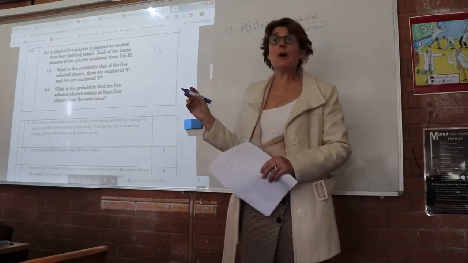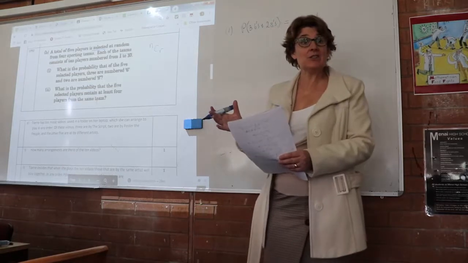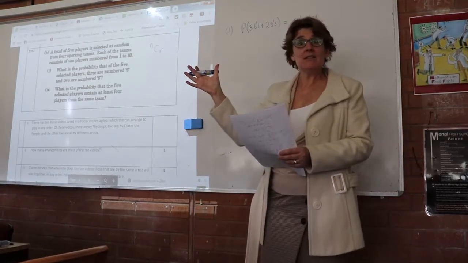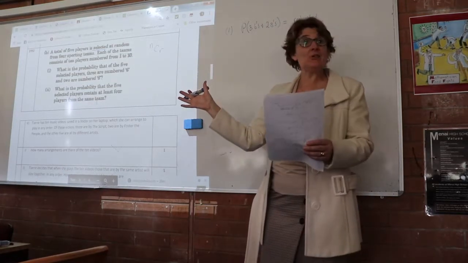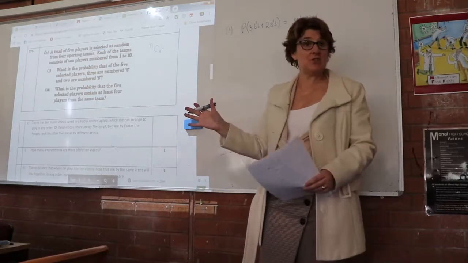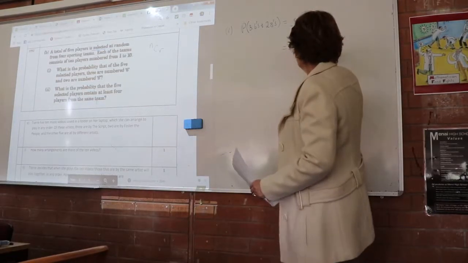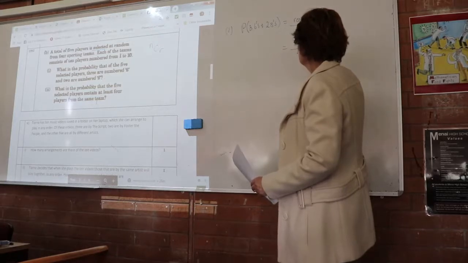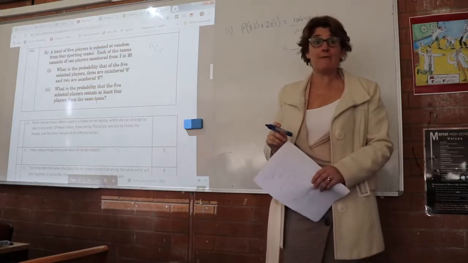Okay, so we need to consider what's our unrestricted situation. How many players are we choosing? 5 from how many altogether? 40. That means no restrictions, right? So the number on the bottom is that we've got 40 to choose from, of which we want 5.